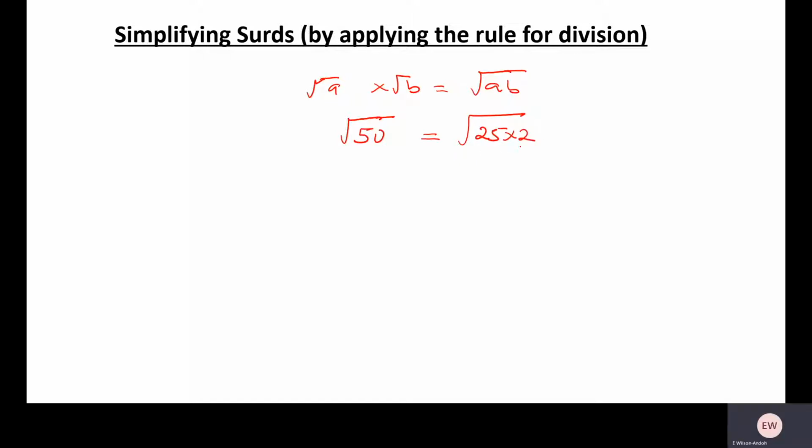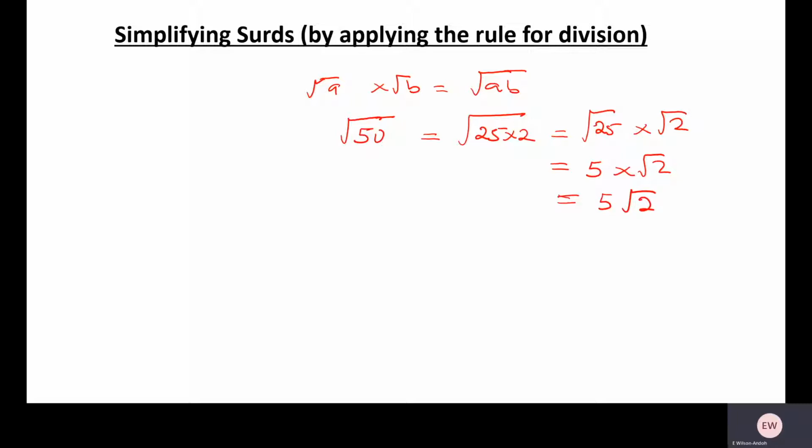And when we apply the multiplication rule, root 25 times 2 is the same as root 25 times root 2. And this will give us 5 root 2, because 25 is a square number, so the square root of that will give us 5. And our final answer will be 5 root 2.